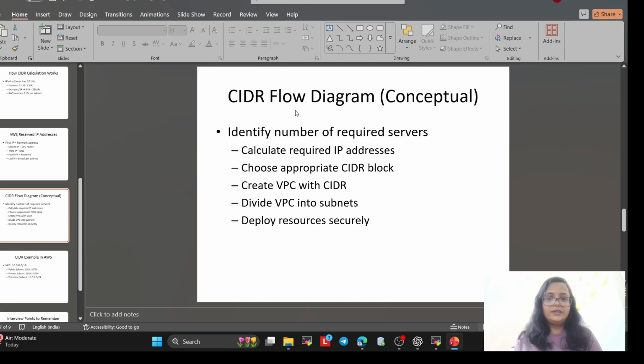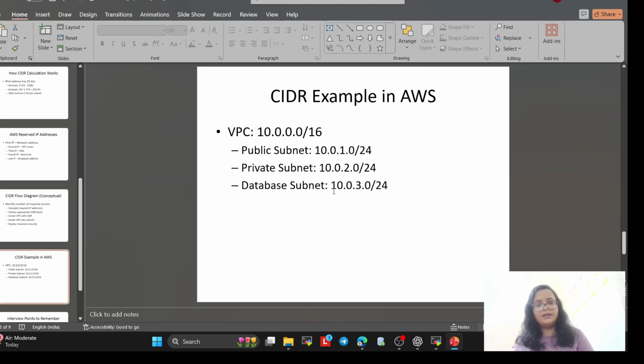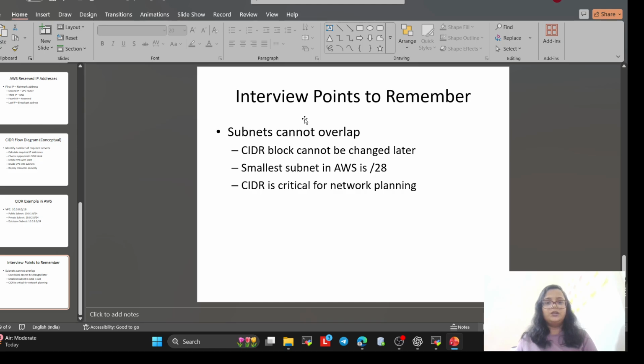Now calculate the required IP addresses, choose an appropriate CIDR, create the VPC, and divide the CIDR. You can also see a CIDR example. Now the interview points: always remember subnets cannot overlap, a CIDR block cannot be changed later, the smallest subnet in AWS is /28, and CIDR is critical for network planning.